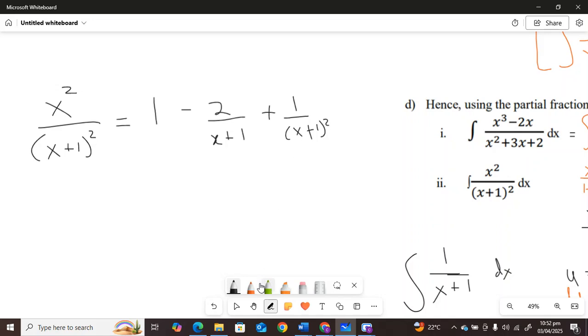So we are integrating each of these: we're integrating this 1, we're integrating this 2 over x plus 1, we're integrating this 1 over x plus 1 squared. Okay, so we integrate.